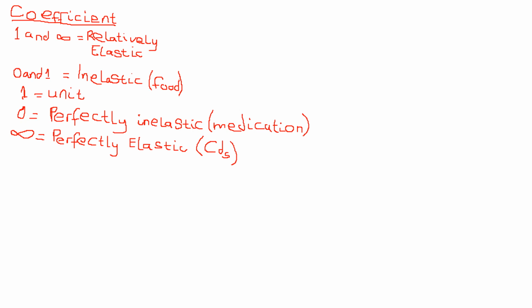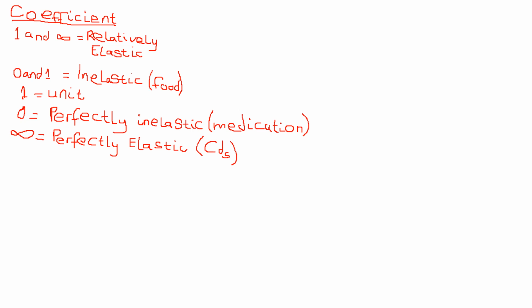If you calculate and you get a value that is greater than 0 but less than 1, values like 0.1, but less than 1, it means that the product you are calculating is inelastic. It's a relatively inelastic product.